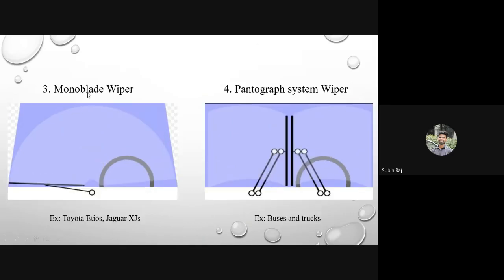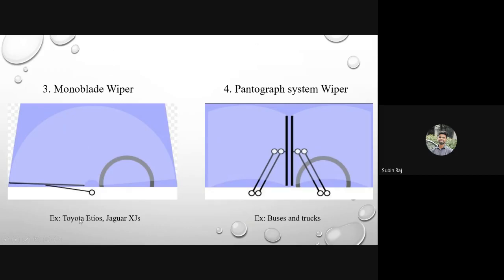The third one is called the monoblade wiper, in which instead of two wipers, we use only a single wiper to wipe the entire screen. This wiper is mainly used for coverage of a larger surface area. When compared to other wiper mechanisms, this covers a larger surface area for better visibility.